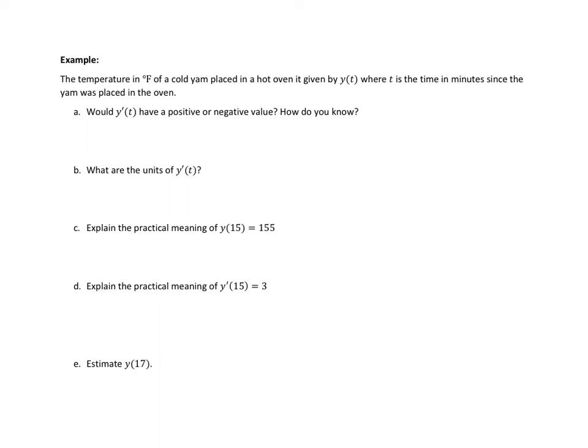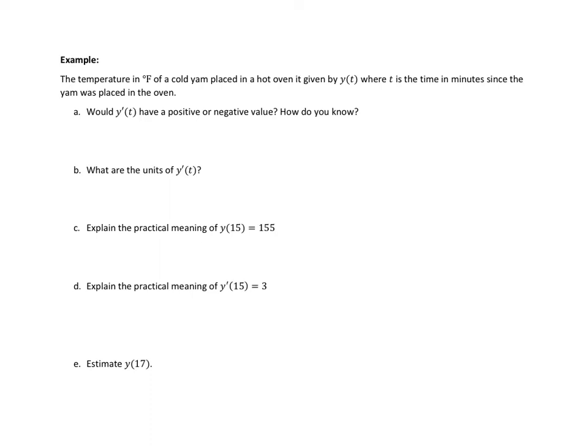So here we're going to look at how we interpret that notation. The temperature in degrees Fahrenheit of a cold yam placed in a hot oven is given by y of t. So y of t is telling us the temperature, where t is the time in minutes since the yam was placed in the oven. Would y prime of t have a positive or negative value, and how do you know?